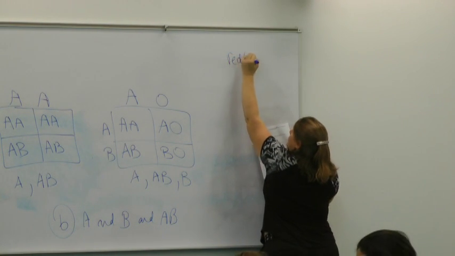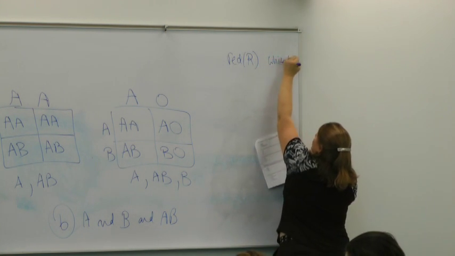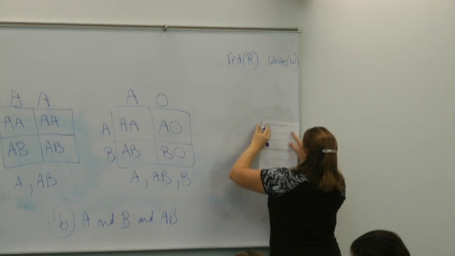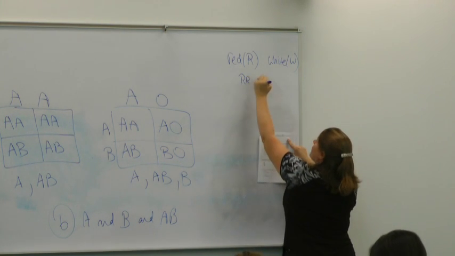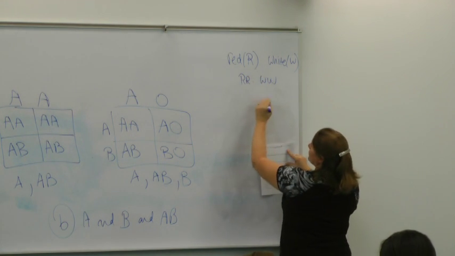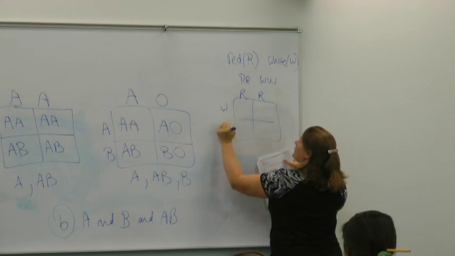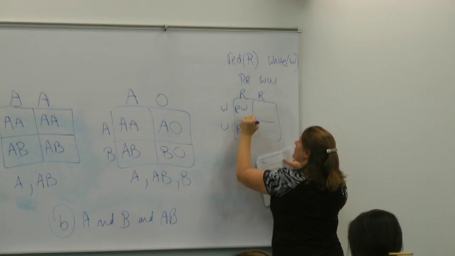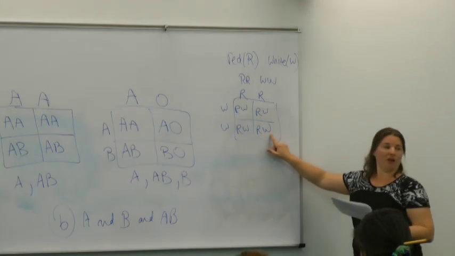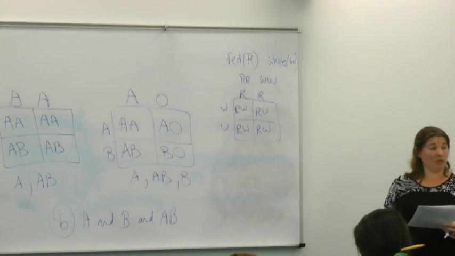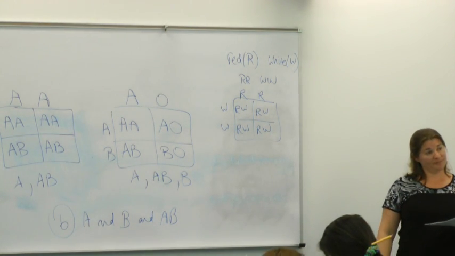Red is coded for by big R, and white is coded for by big W. So a true breeding red rose would be RR, crossing with a white rose that's big W, big W. And so when they have babies, you get heterozygous offspring, but because these alleles are incompletely dominant to each other, they're pink. So the genotype is all heterozygous RW, but the phenotype is pink.